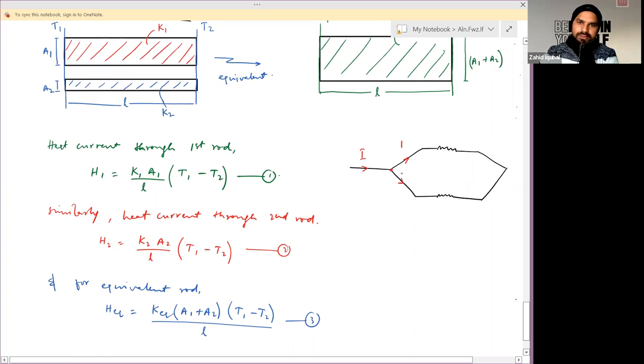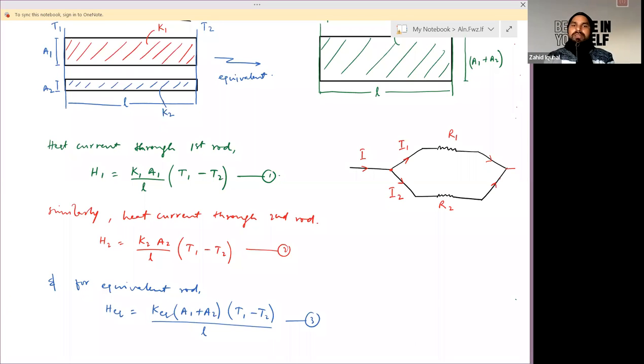There will be some current I1 along this way and some current I2 along this way, along resistance R1 and R2 respectively. So in parallel combination, current simply divides according to the resistance offered, and total inward current must equal total outward current.